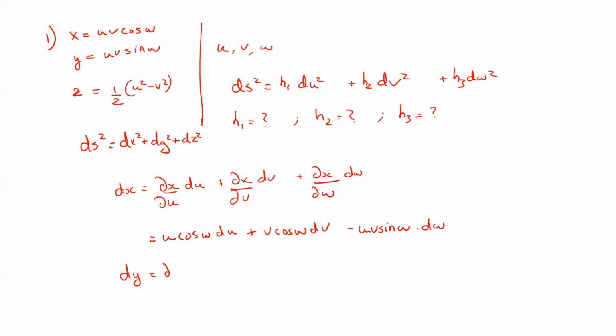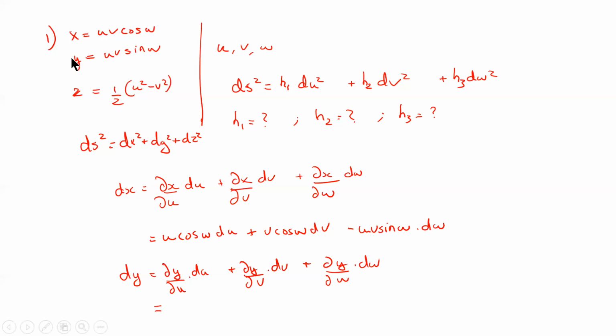Let's now find out dy. So dy is the chain rule of partial differentiation, just writing it out, and then we'll find the differentiation. Now it's the second function y.